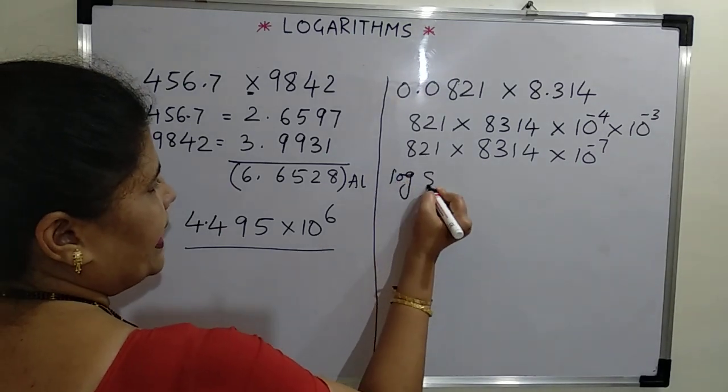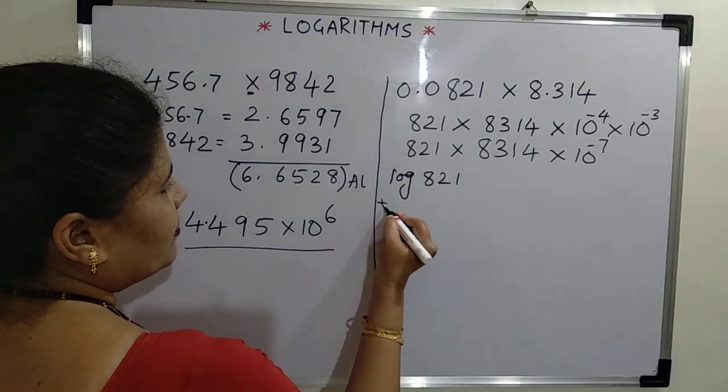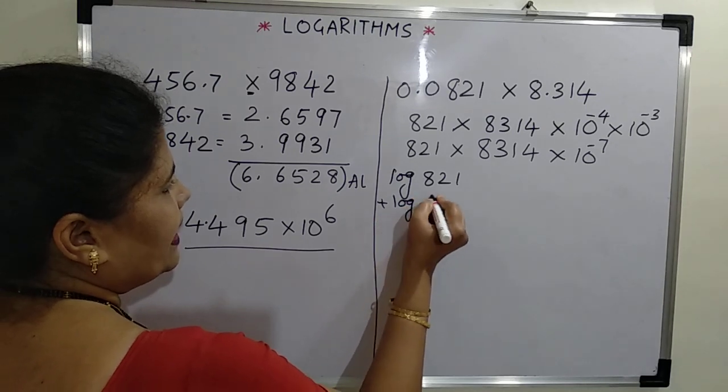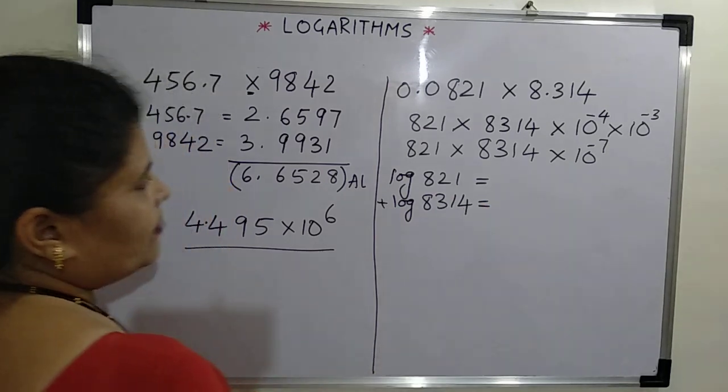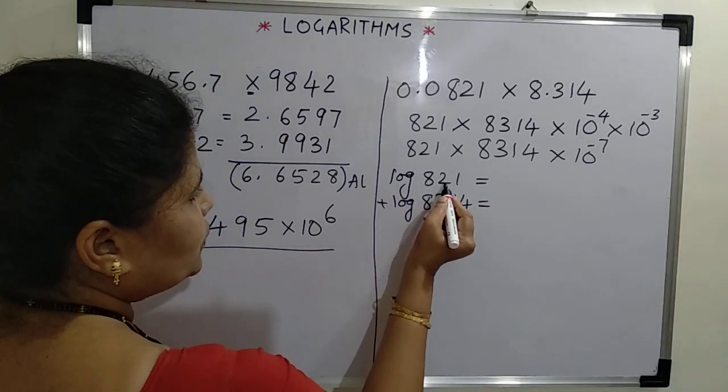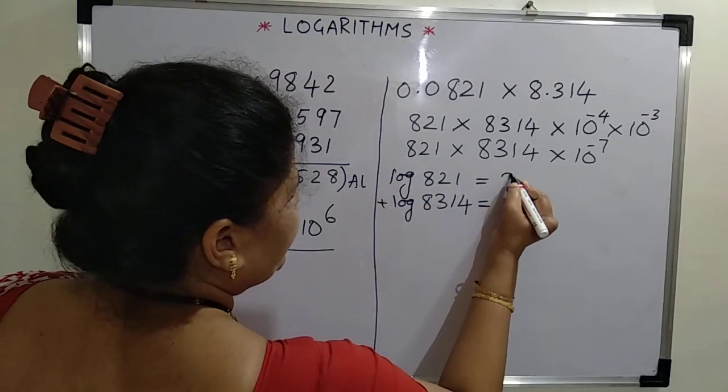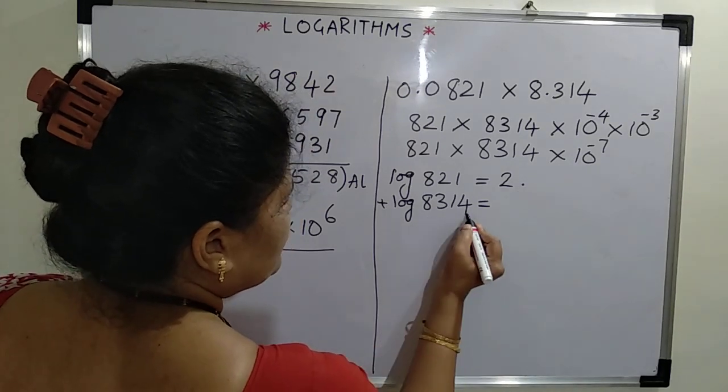Log of 821 plus log of 8314. Let us find the characteristic first. It will be 1, 2, 3. So it will be 2 point and this is 4 digits.